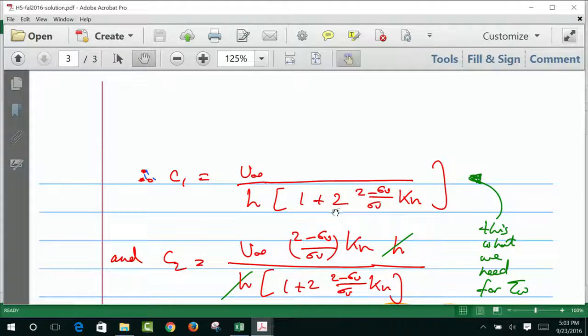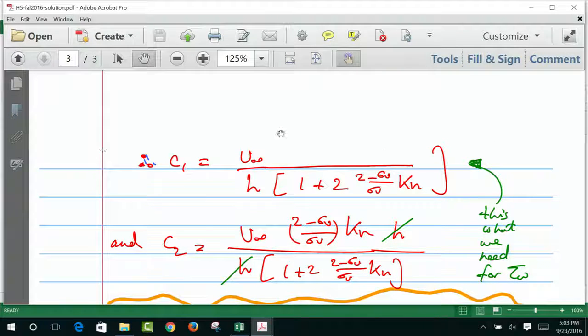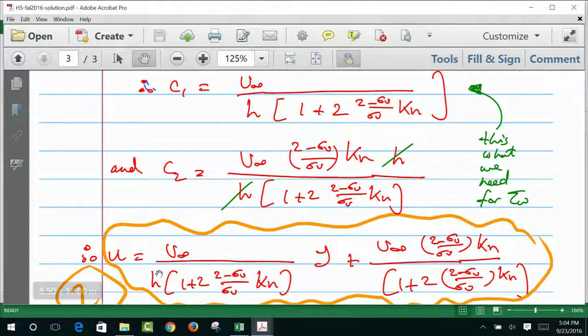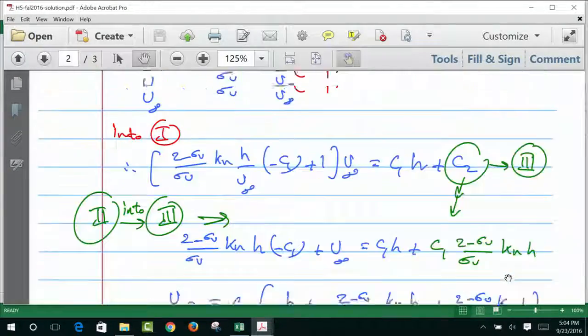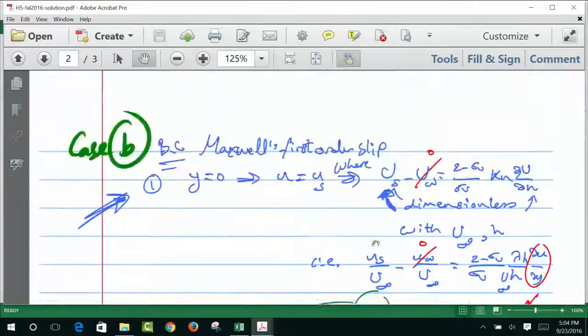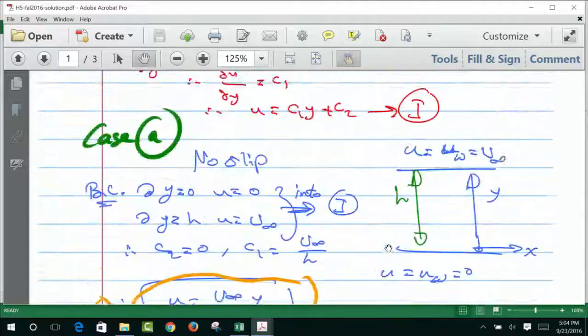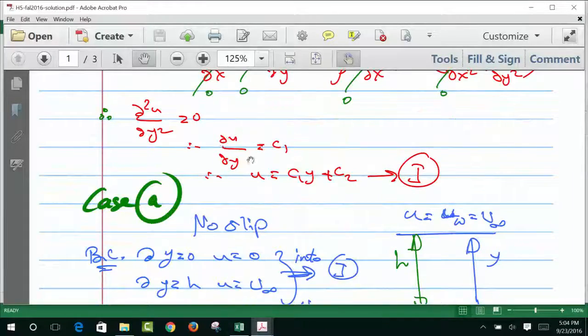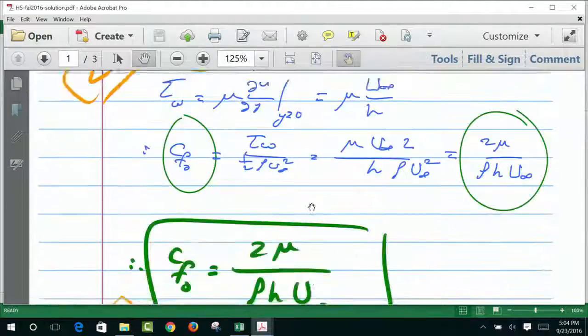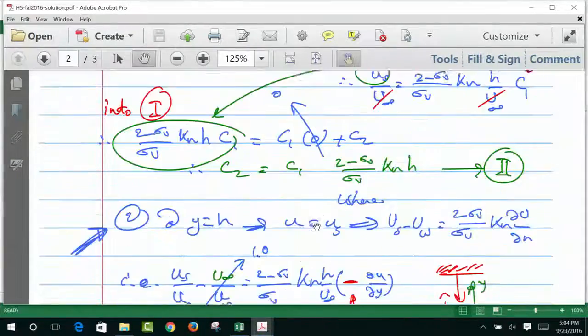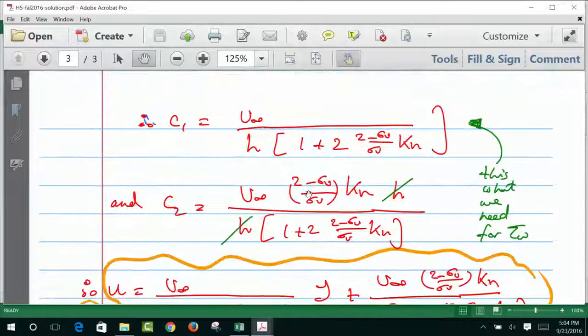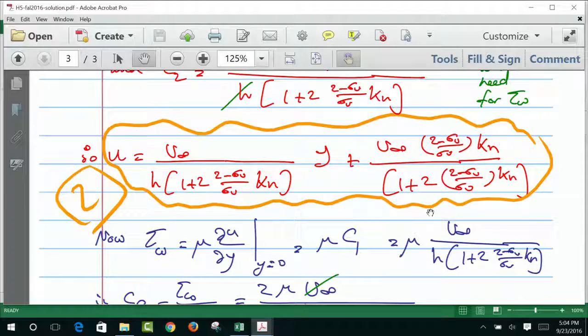So if the problem was simply saying give me the shear stress, you should have stopped here. Once you solve for C1, there was no point in going for C2 and solving for the u, because you realize from just the integration of the Navier-Stokes equation that partial u partial y is C1. So you are done. You could basically have finished. But I did it because I want you to actually see the velocity profile and make sense of it.